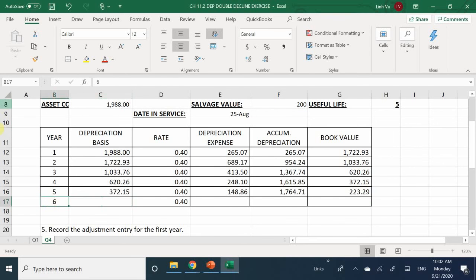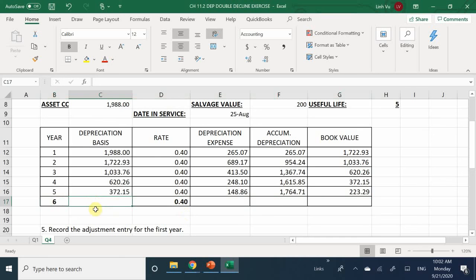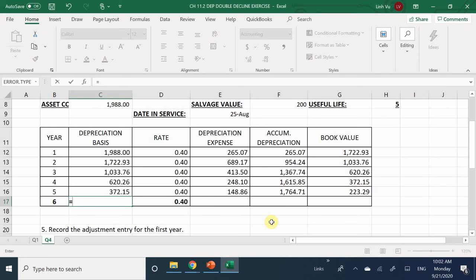I'm going to make this in bold so you guys can see this clearly, that this is just an assumption. Assuming that you continue its life to year 6, because again, you can still have it working beyond its years. So in this case here, my book value is going to be 223.29.